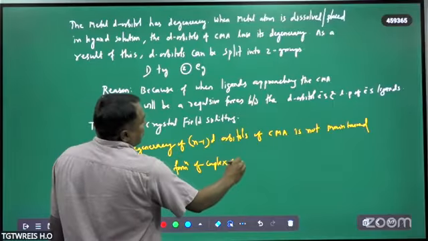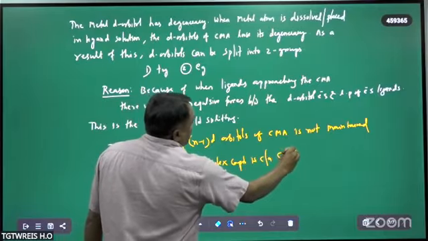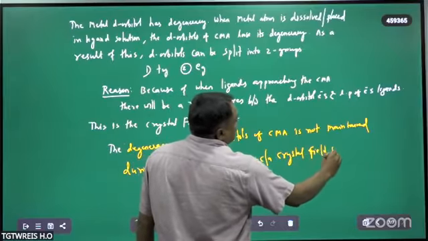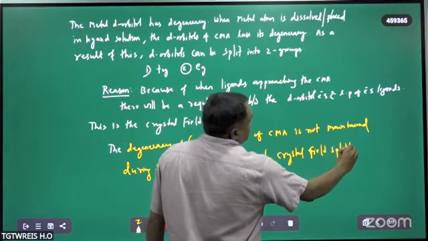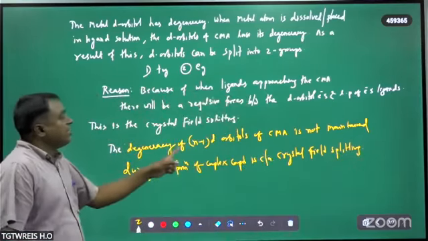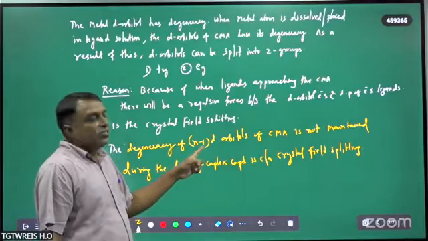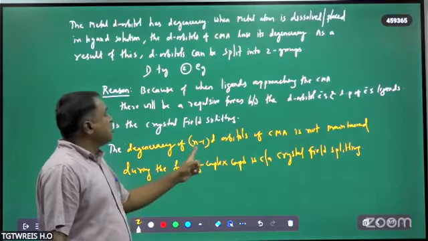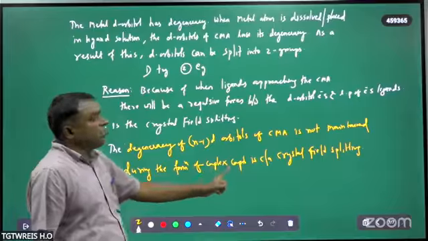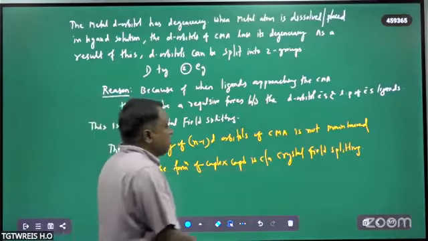In the case of the first series, the 3d series, the degeneracy of the 3d orbitals of the central atom is not maintained during complex formation. This is called crystal field splitting.